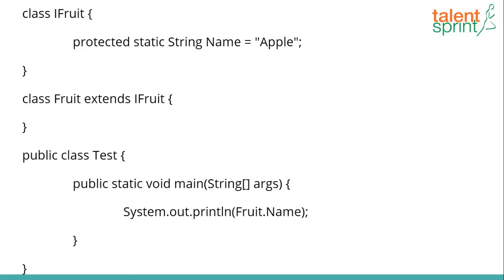This should be simple, guys. Now that we have already seen how it works with interface, you should be able to tell me how it will work here. The only change is that we have a class, we are extending it to another class, and the signature of the data member in the class iFruit has changed to protected static string name.